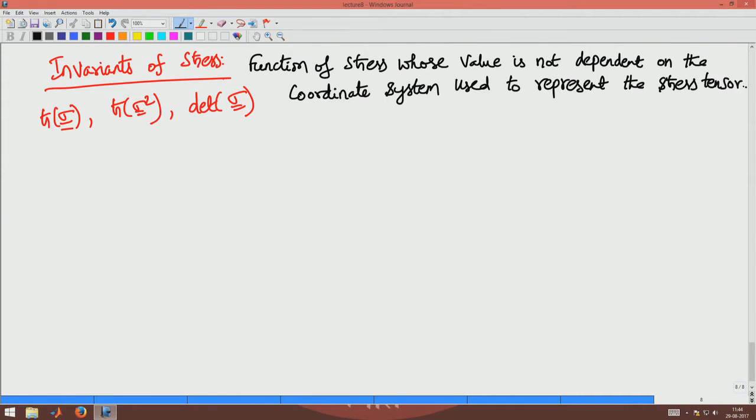Any function, any trace of sigma power n, will be an invariant.